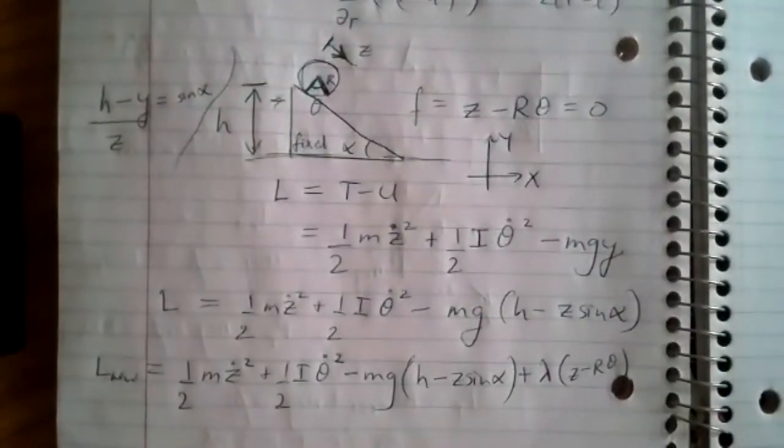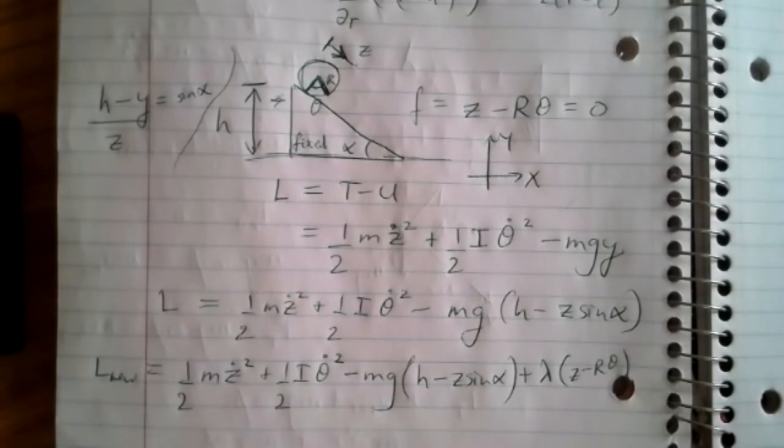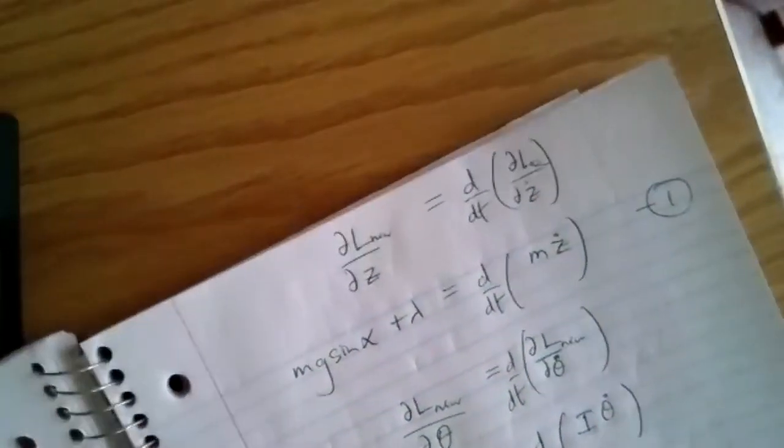Could you return to the Lagrangian just for one moment? Yeah, sure. Sorry. No, that's all right. So we're using the new Lagrangian. Yes. Okay, and so we haven't found I yet. That's correct. Okay, thank you. But I is a constant, so we don't have to worry about it when we're doing derivatives.